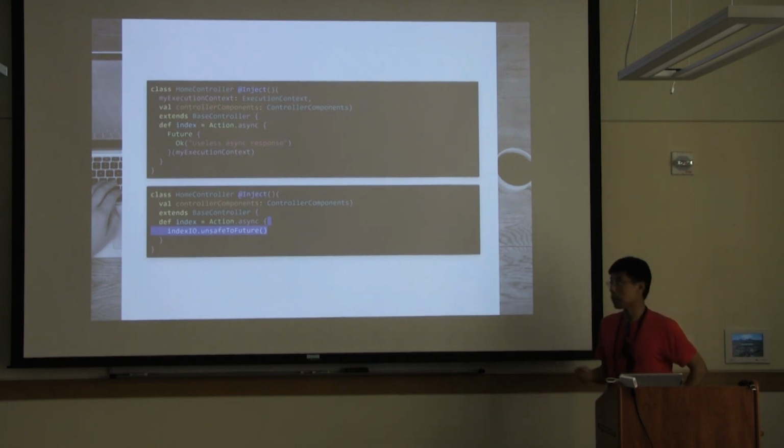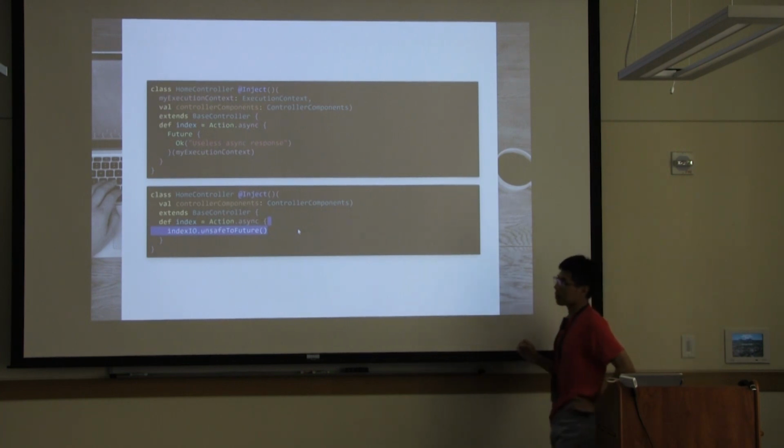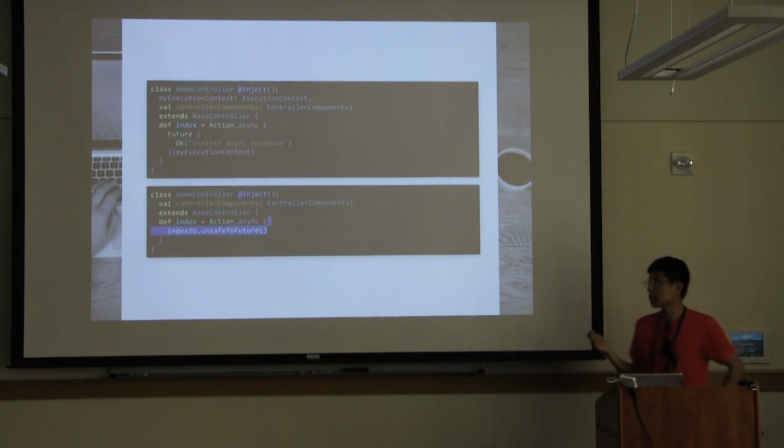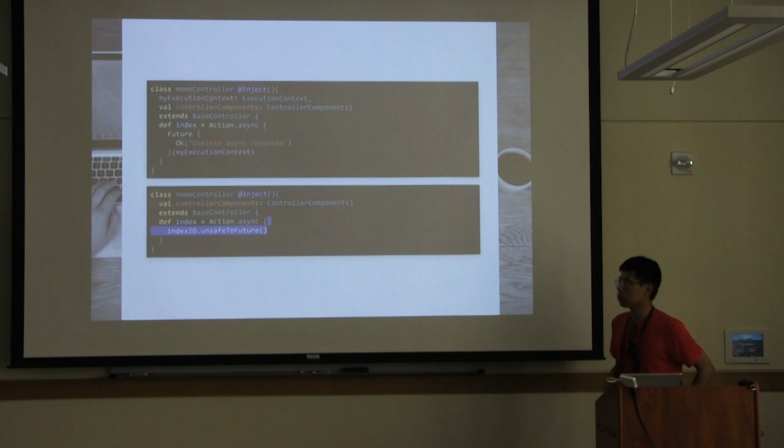And because it's a new end of the world, it's only at this point that you can do unsafe calls. And in this case, the unsafe call is producing a future that will give control back to the Play framework.